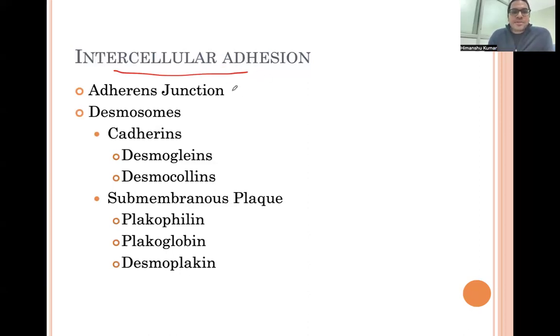These adhesion molecules are adherens junctions, then desmosomes. Among desmosomes, the most important one for pemphigus is desmogleins. Then the other ones are plakophilin, plakoglobin, desmoplakin. So antibodies can form against any of these molecules, which can then lead to the pathogenic blisters.